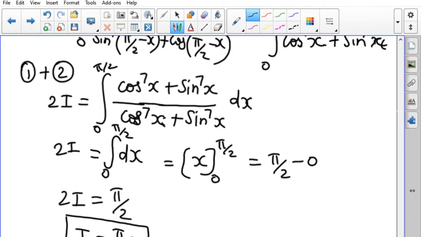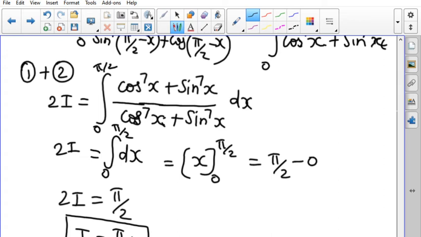When a problem of this type comes in the 0 to a format with a trigonometric function inside, it is easier to apply the 0 to a property, take the given integral as I, and take the changed integral also as I. When you add both, you mostly get the integral of dx, and then you can find the answer.